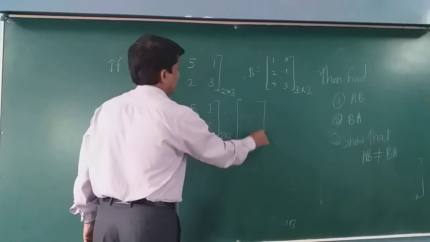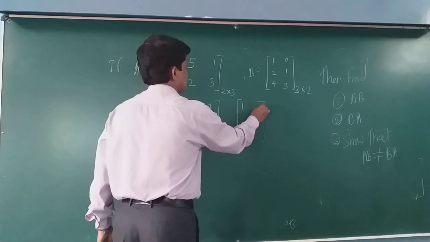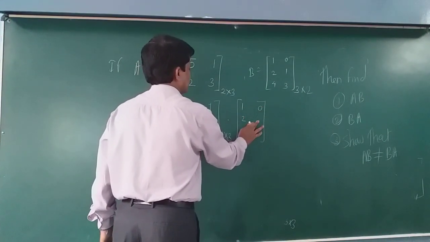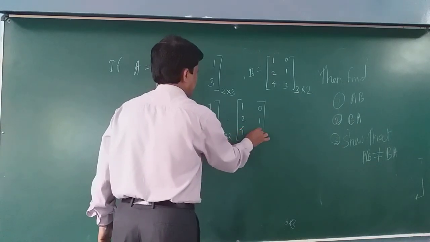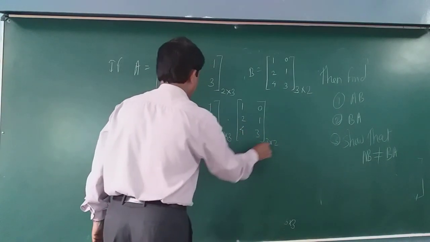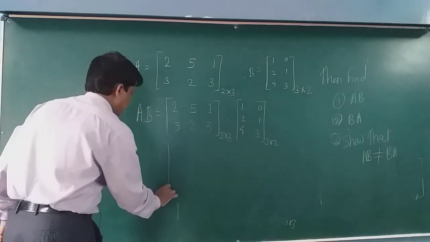Here, the second one, 1, 0, 2, 1, 4, 3. Order 3 by 2. So, what is our product?